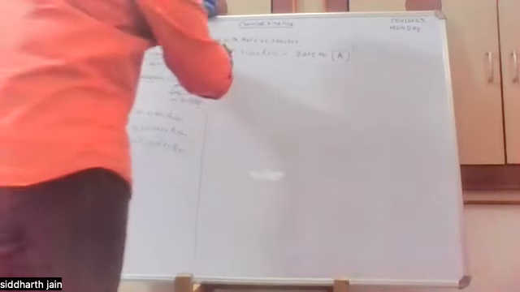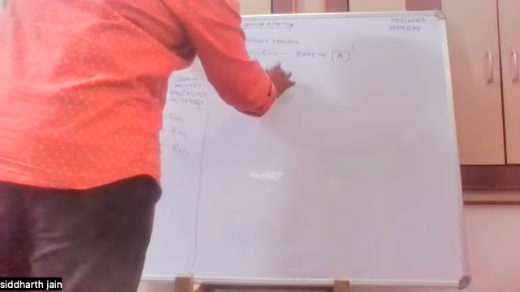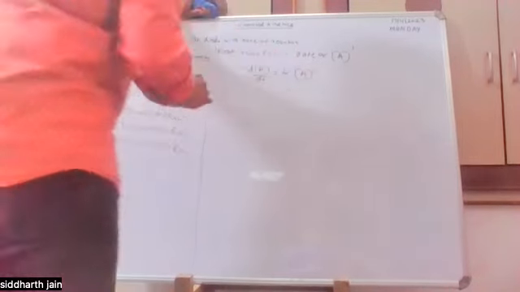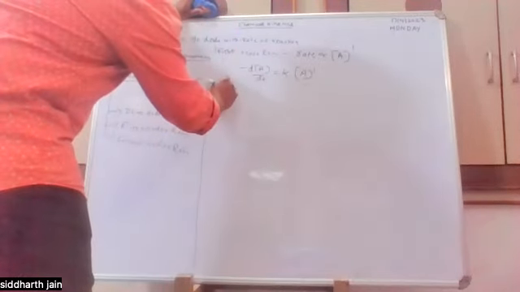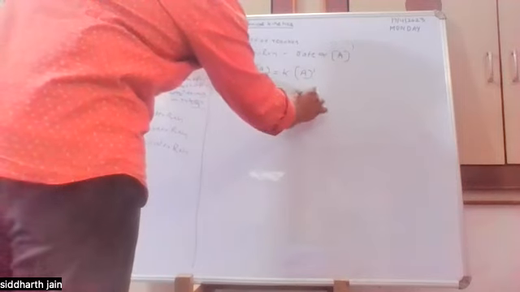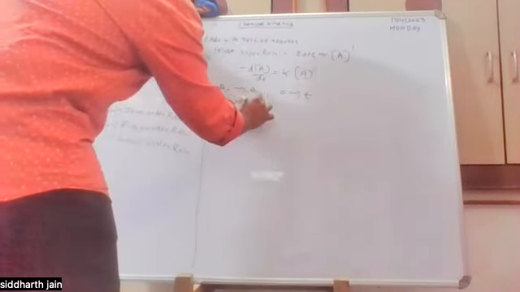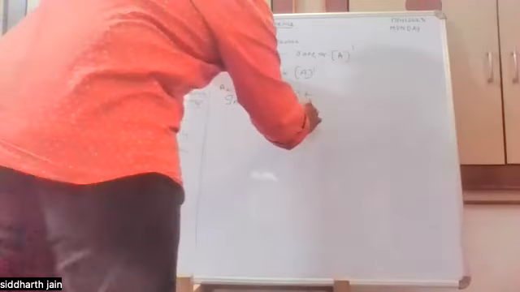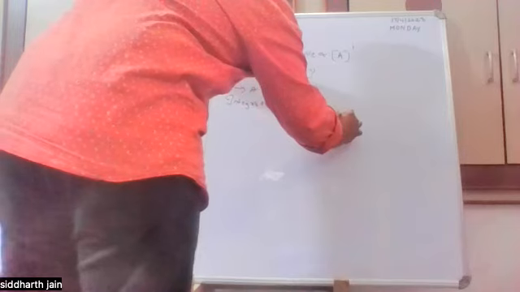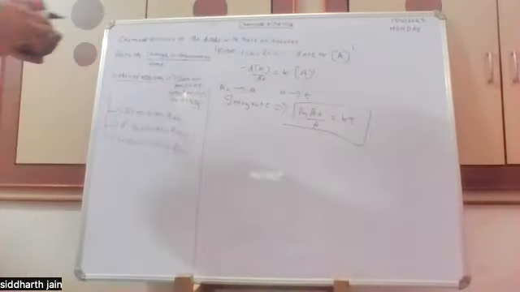And if we write the rate again, we get minus dA by dt is equal to K times the concentration of A. And again, if we take the limits from A naught to A and 0 to t and integrate this equation, we get the form ln of A naught upon A equal to Kt. This is for the first order reaction.